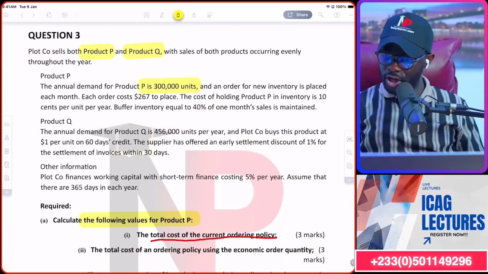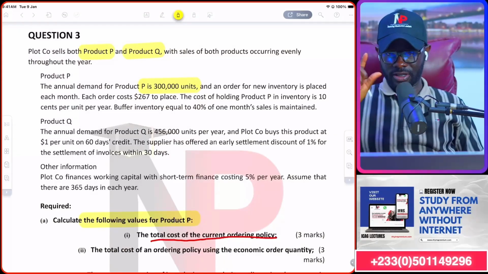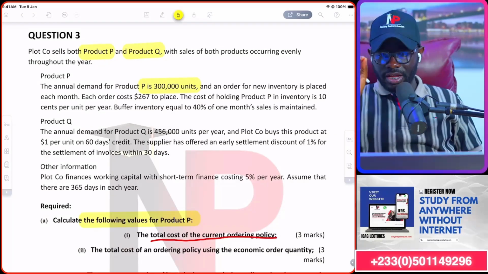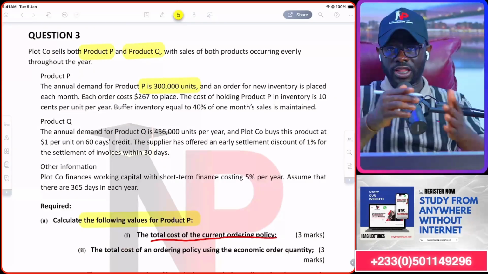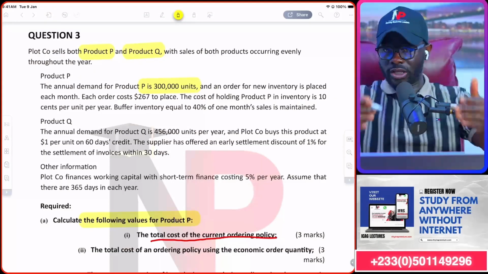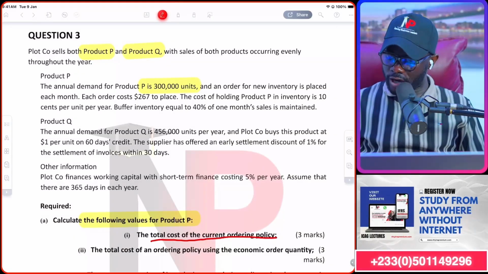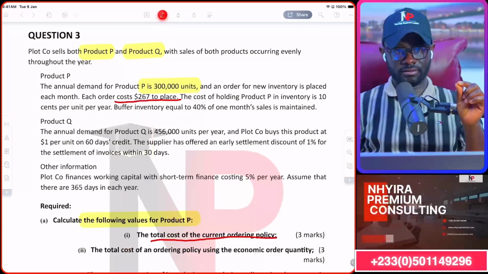And an order for new inventory is placed each month. So the ordering time is each month. That means for the year, there are 12 orders. It says each order costs $162 to place.